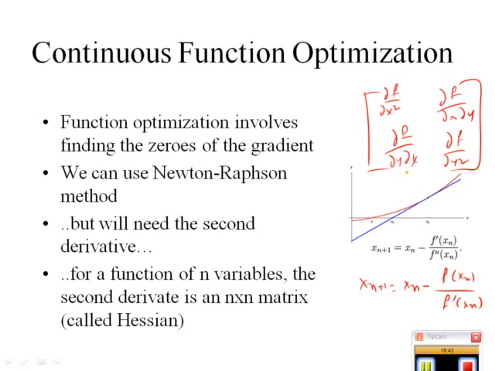But the point is that there are n squared second derivatives. If there are n variables, there are n first derivatives and n squared second derivatives. In fact you can do Newton-Raphson for multidimensional functions, but then every step winds up having to compute the Hessian and basically taking the inverse.